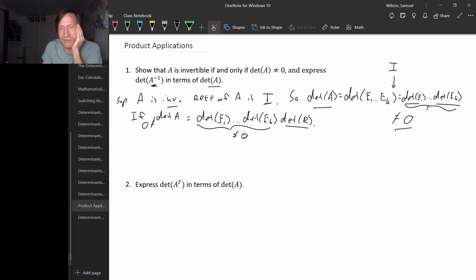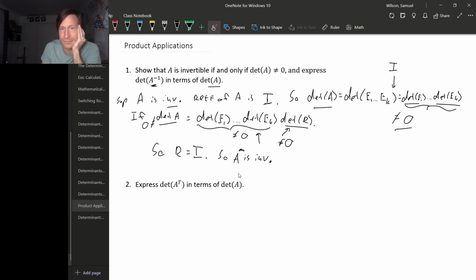So this big product in front is not 0. So for the determinant of A to be non-zero, this one can't be 0 either. So this determinant is also non-zero. Well, the only n by n reduced row echelon form with non-zero determinant is the identity. So the reduced row echelon form has to be the identity, and in that case, A has to be invertible. So A is invertible.